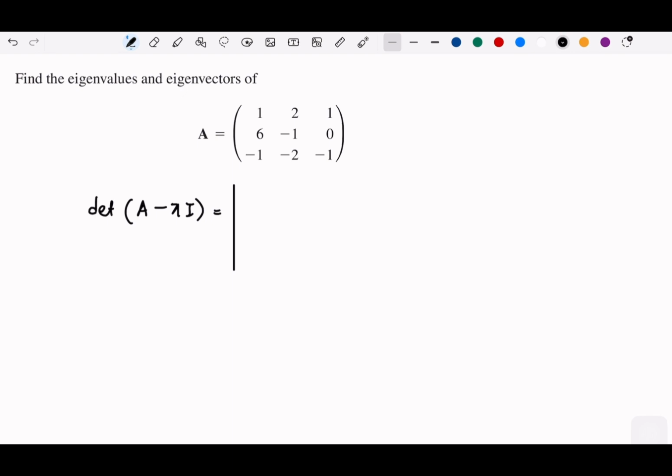Then we take the determinant, let's write here. This will be 1 minus lambda, the same. This will be negative lambda, 0, -2, and let me make a space over there, and negative lambda. And we want to make this determinant equal to 0, again to make sure that we get the eigenvalue and eigenvectors.